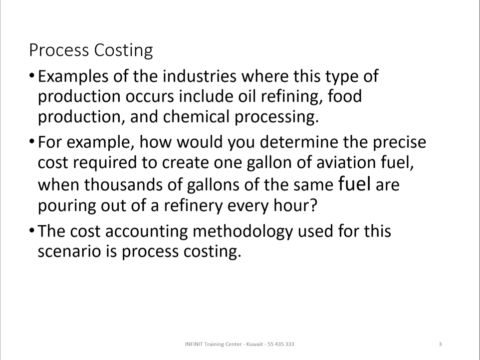Examples of industries where this type of production occurs include oil refining, food production, and chemical processing. In all these industries, we have to use process costing to find out the cost of a single unit. Here we have an example again.